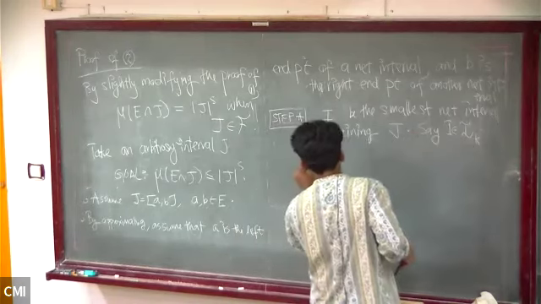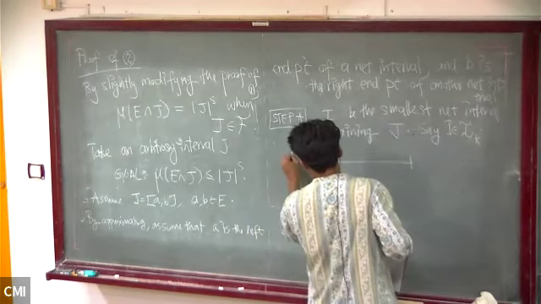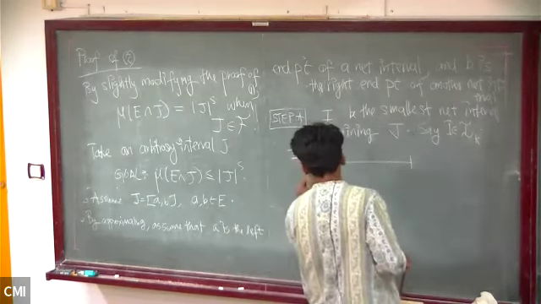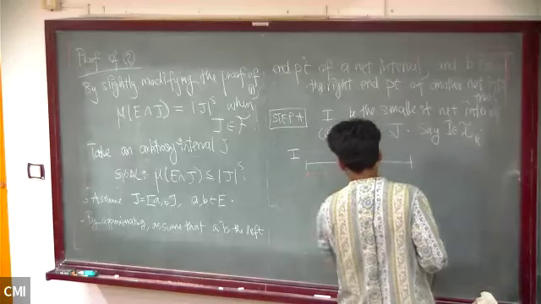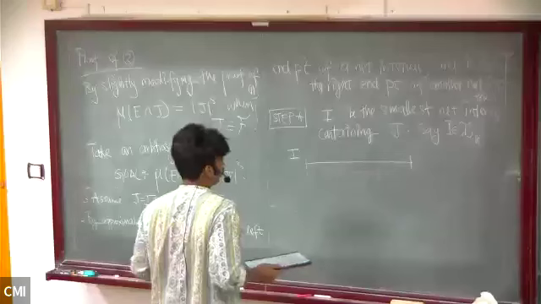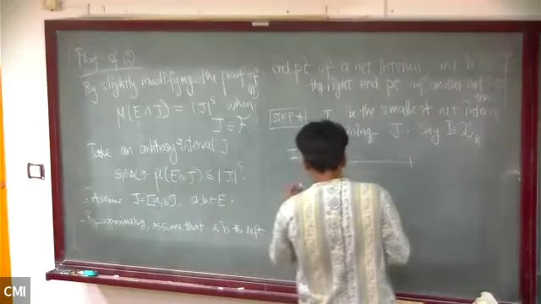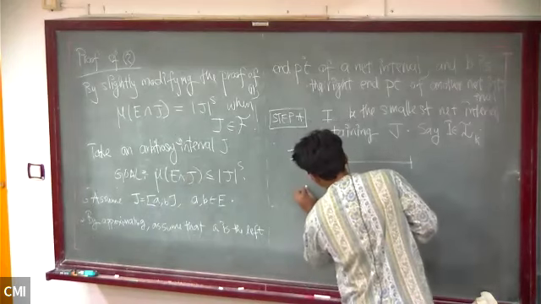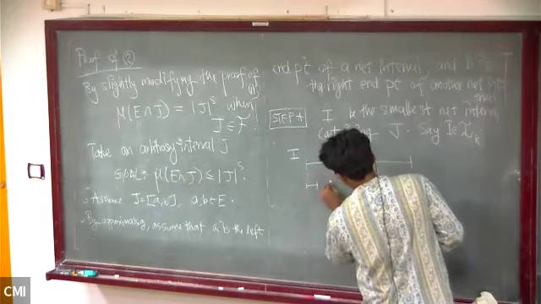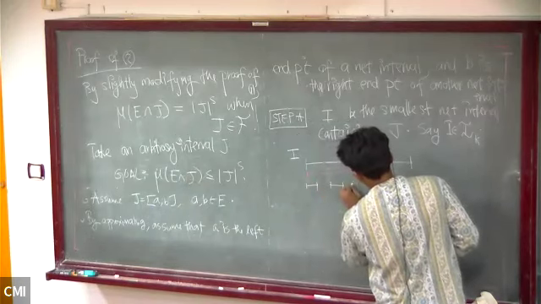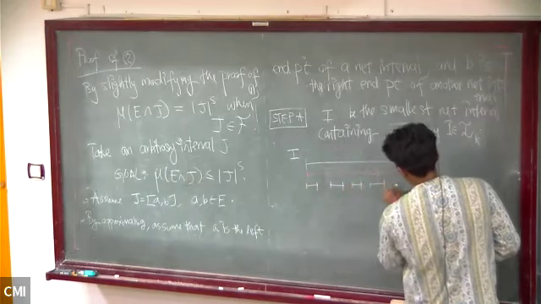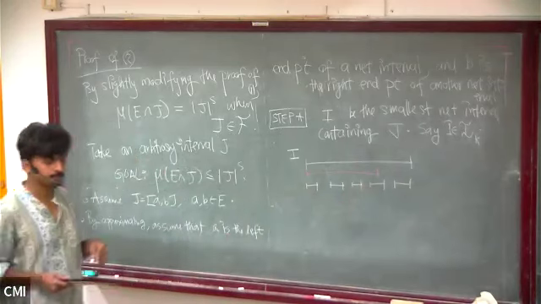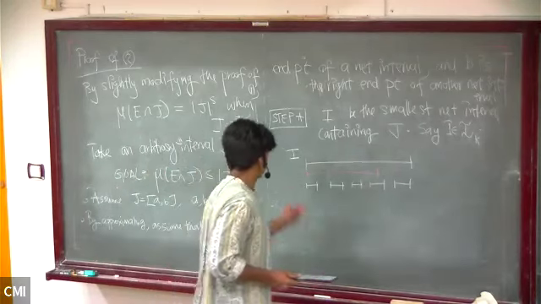So let me draw I here, that's I, and my J, say something of this form. I look at all the children of I, okay? So these are the children of I, and now this is J.